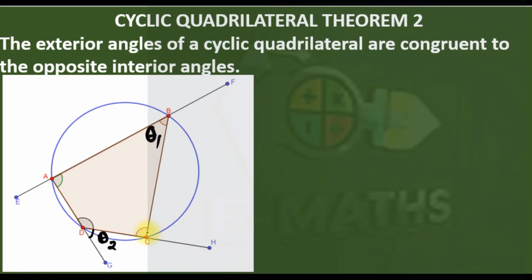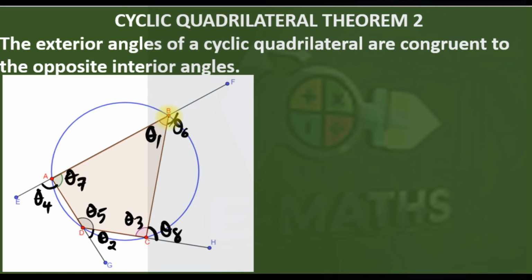Let the exterior be theta 4. This is exterior, this is interior, this is exterior. So if we call this theta 5, let's call this theta 6. Okay, this is theta 7. Let's call this theta 8.